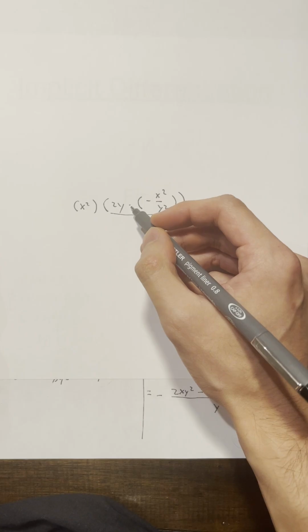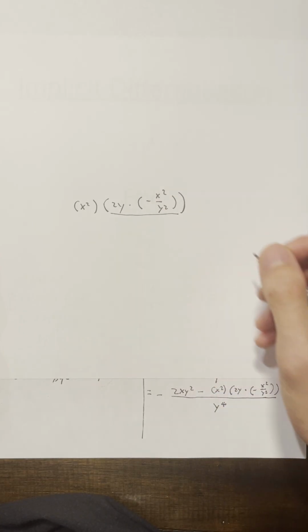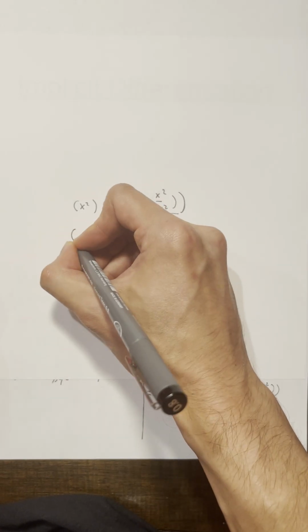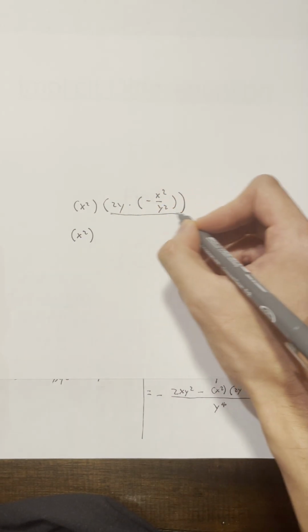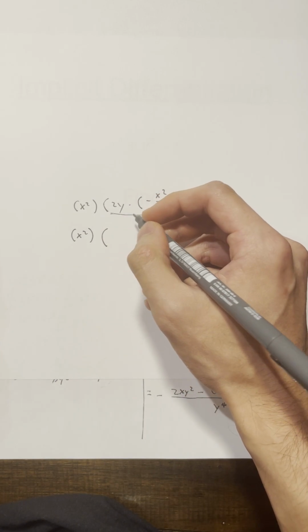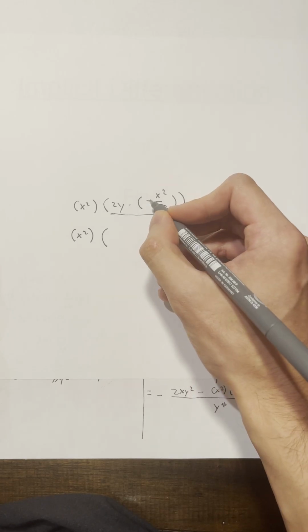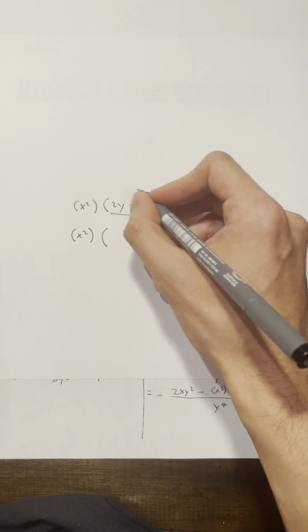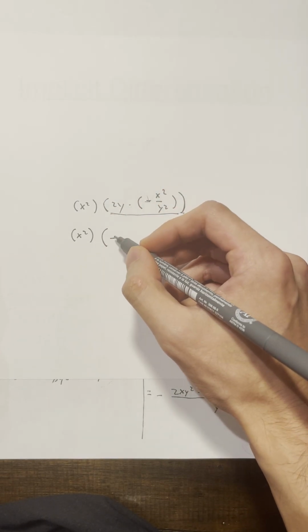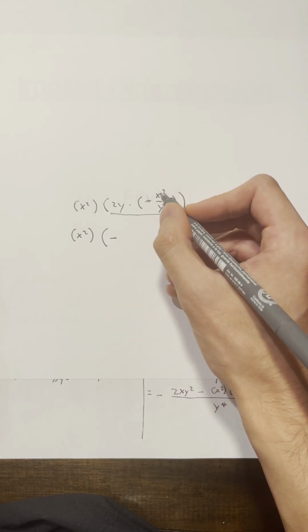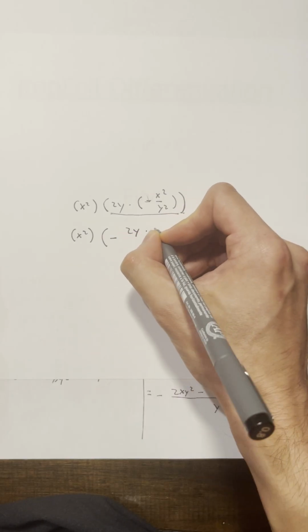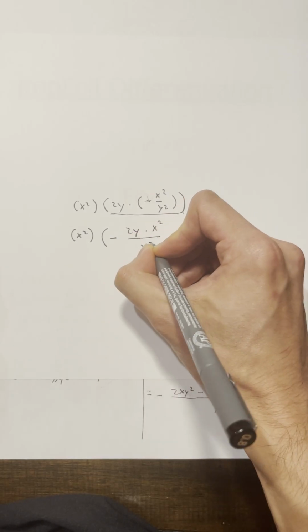So it's 2y times negative x squared over y squared. And with multiplication, with the negative, I can move the negative sign in front. So it's negative 2y times x squared over y squared.